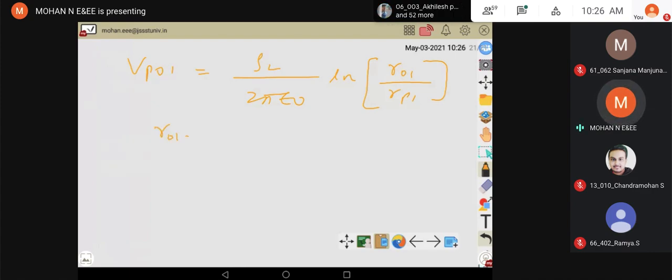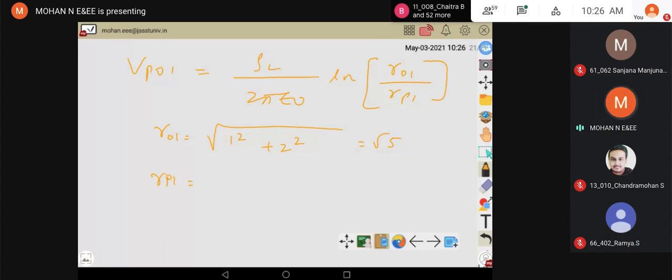So RO1 is nothing but square root of 1 square plus 2 square, root 5. How is it 1 square and 2 square? It is 1 minus 0 and 2 minus 0. It is x equal to 1 and z equal to 2, and y is 0, at the origin. Okay, that is how.